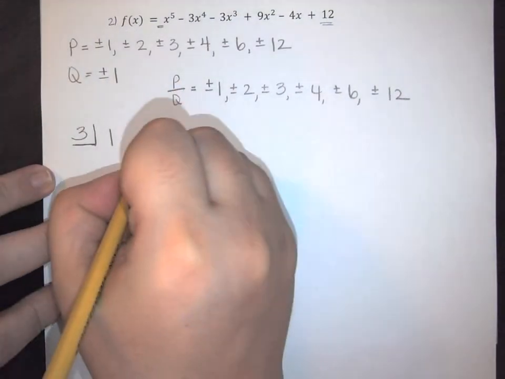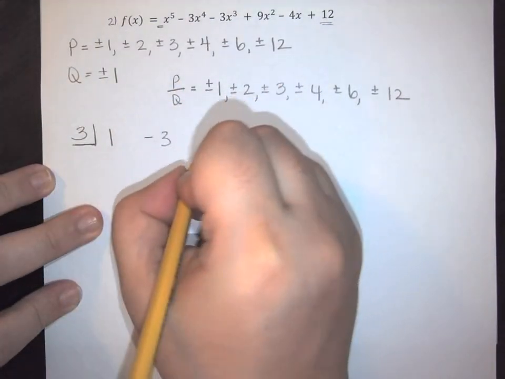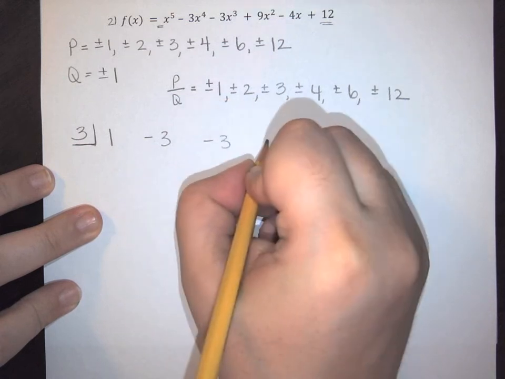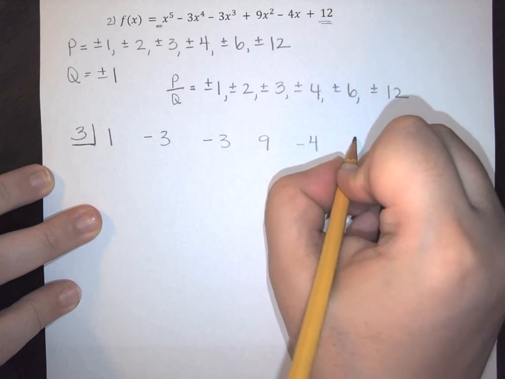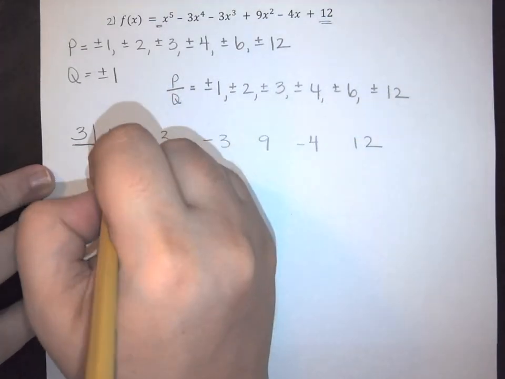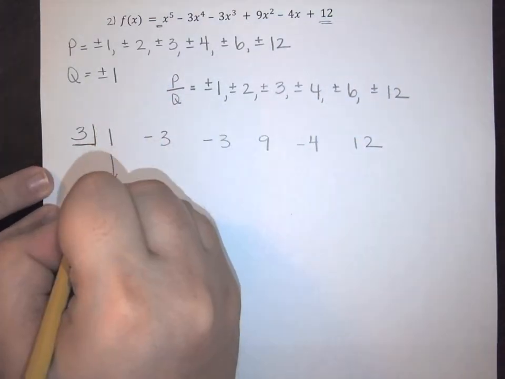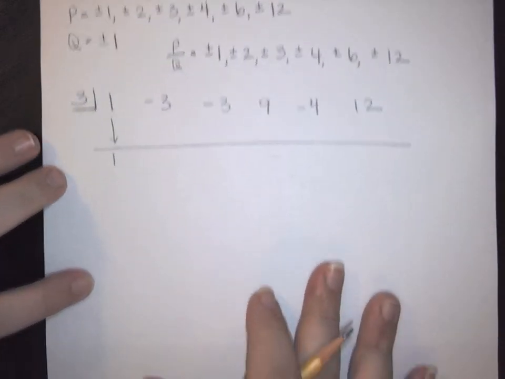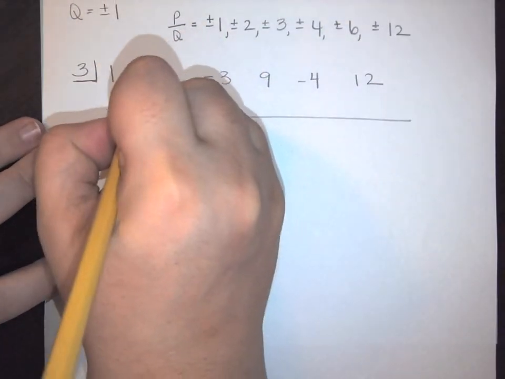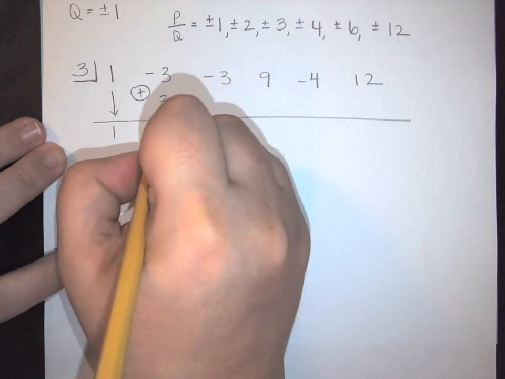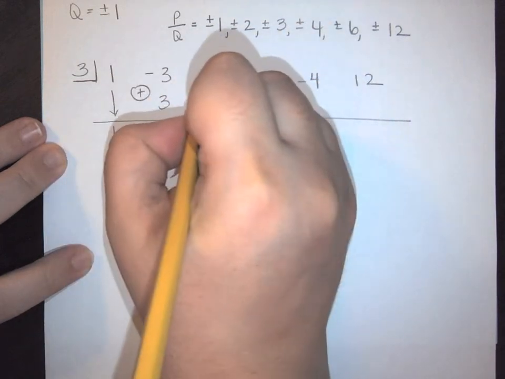Again, I have 1, negative 3, negative 3, 9, negative 4, 12. Bring down that first term, see what happens. 1 times 3 is 3. Again, remember you add. This gives you a 0.